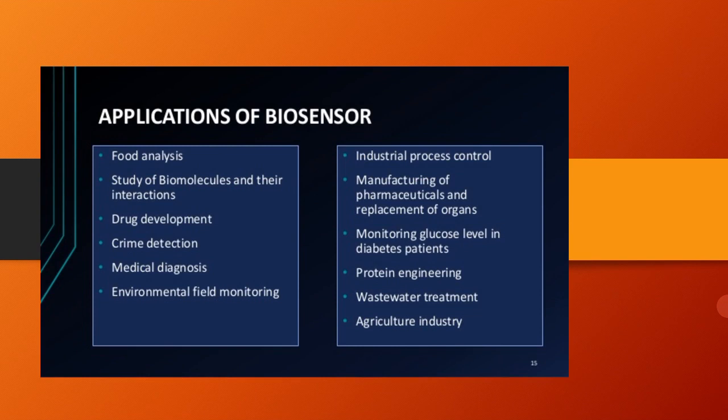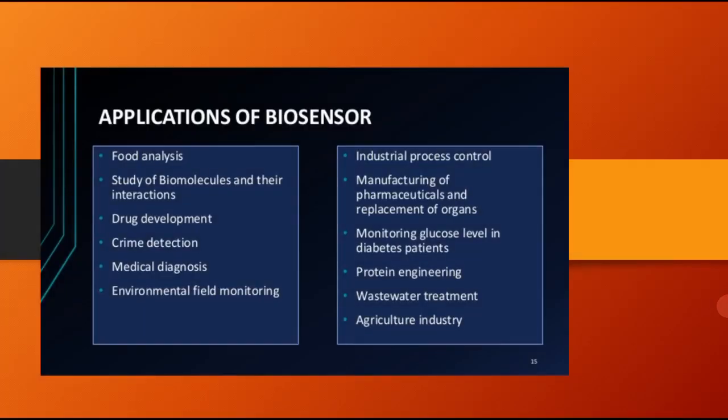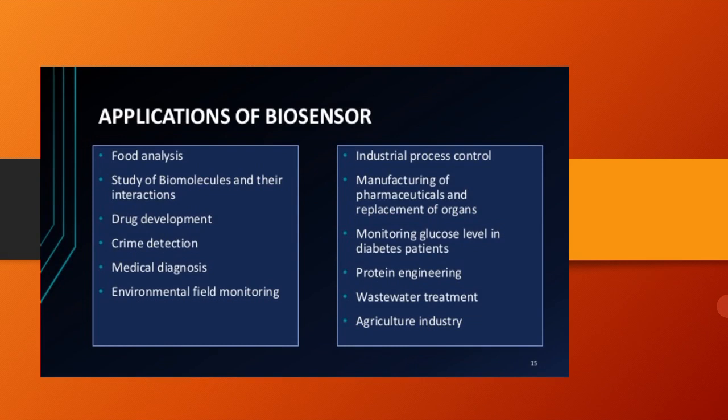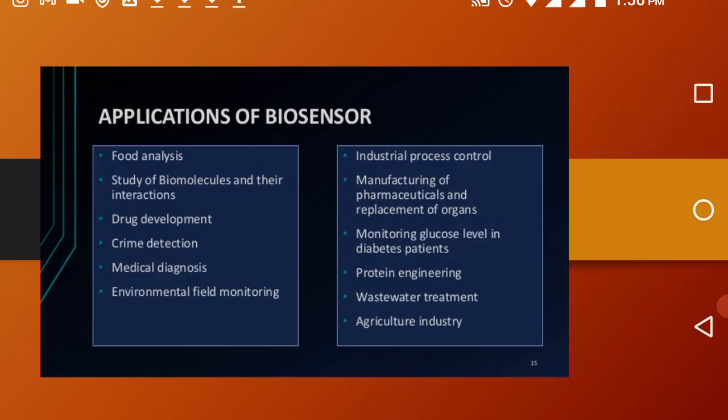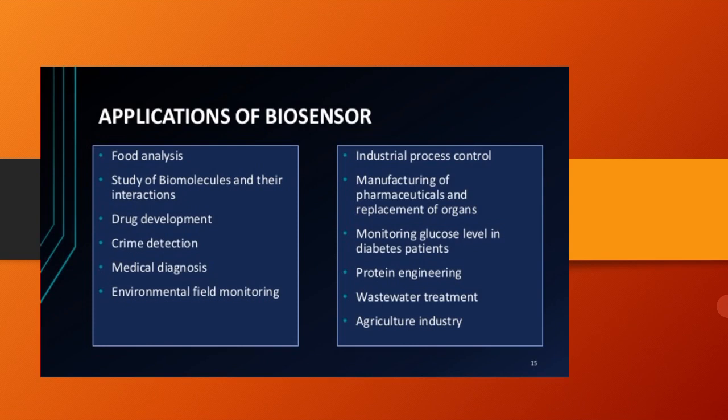Then medical diagnosis, to determine any disease condition or any pathogens, we can use biosensors, right? Then environmental monitoring, using biological reactions that produce a signal, from which we can determine environmental changes. Then industrial process control, manufacturing of pharmaceuticals, and replacement of organs.